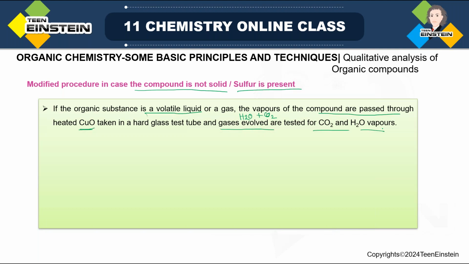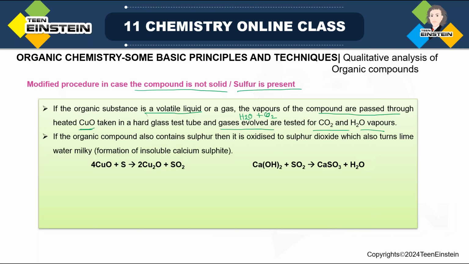The only difference is that you are not directly mixing the compound with CuO, because that is not possible; now it is liquid or gas. Now if sulfur is present in the organic compound, what happens? The observation is just like CO2.